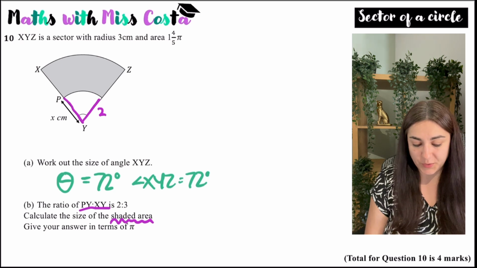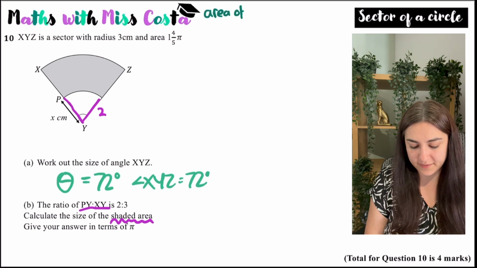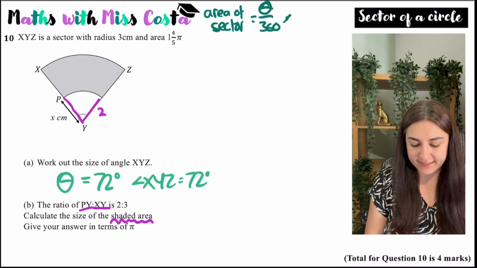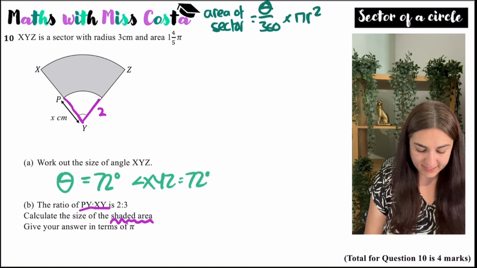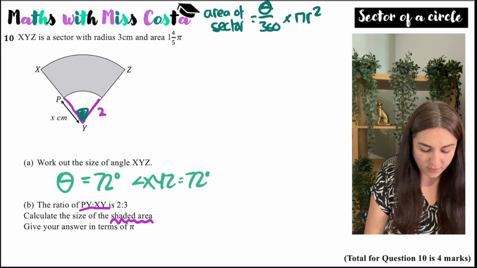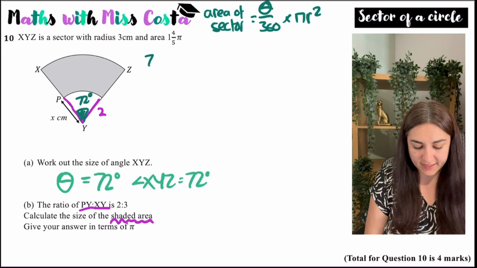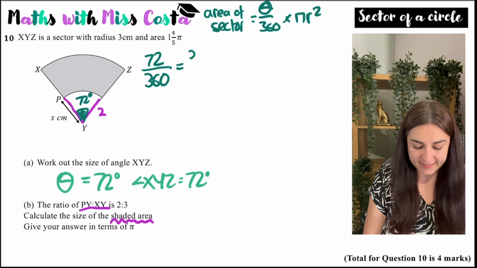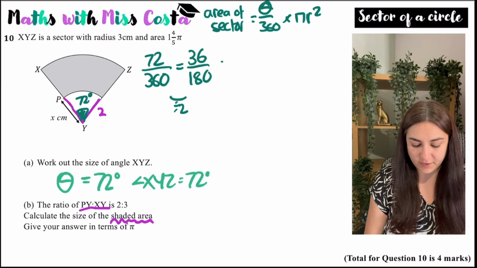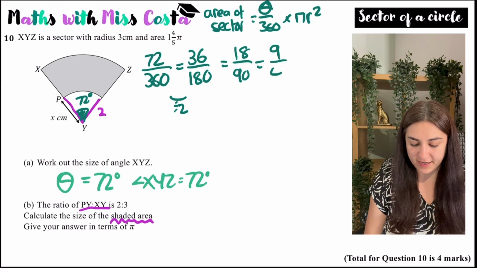I'm going to need to use the area of a sector formula. So what was that again? It was theta over 360 times by pi r squared. Now I know that my angle I've worked out is 72 degrees. So let's just see if we could simplify that. 72 over 360 is the same as 36 over 180 if you divide by 2, which is the same as 18 over 90, which is the same as 9 over 45, which if I divide by 9 is 1 over 5.